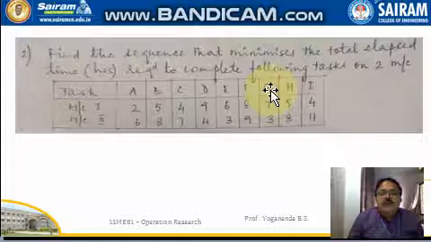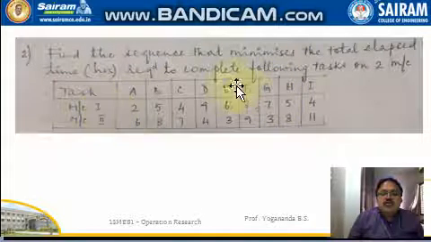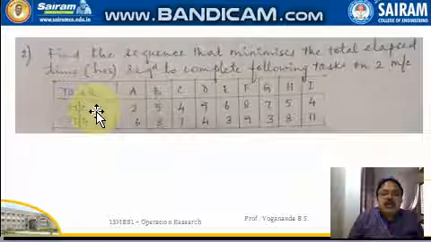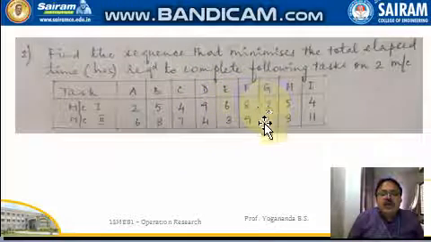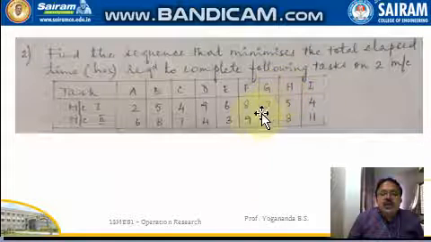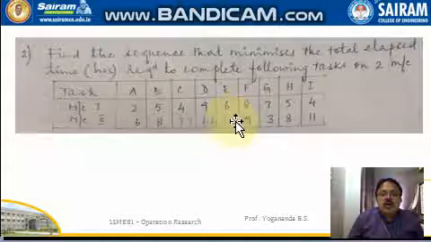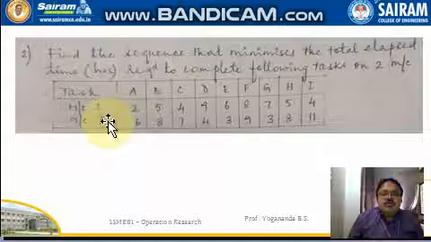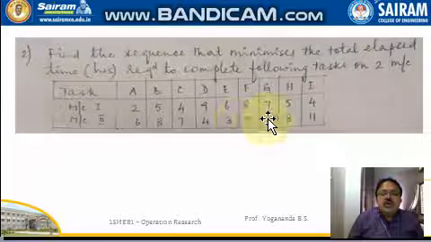If the processing time is more on the first machine, the job has to be sequenced last. If it is less on machine 1, it has to be sequenced in the beginning. These E and G should be kept at the end, because the tie is happening with the smallest processing time on machine 2, and the smallest processing time on machine 2 is sequenced at the end.